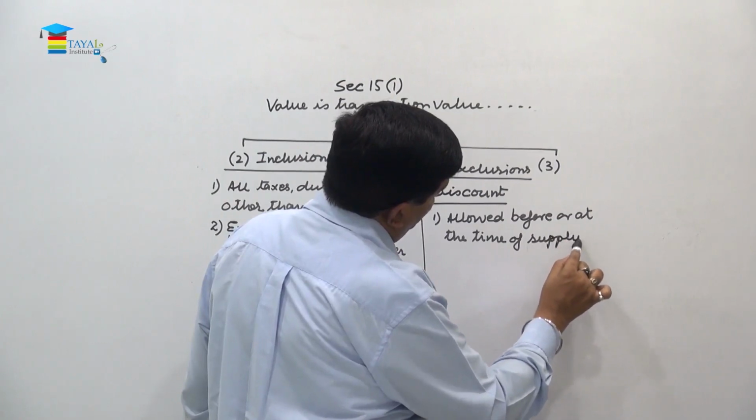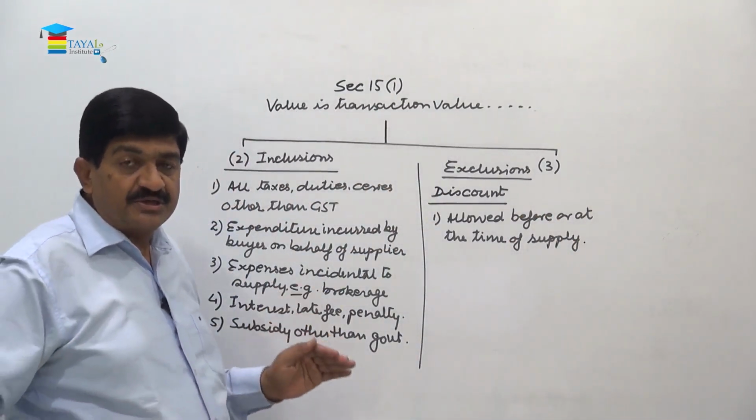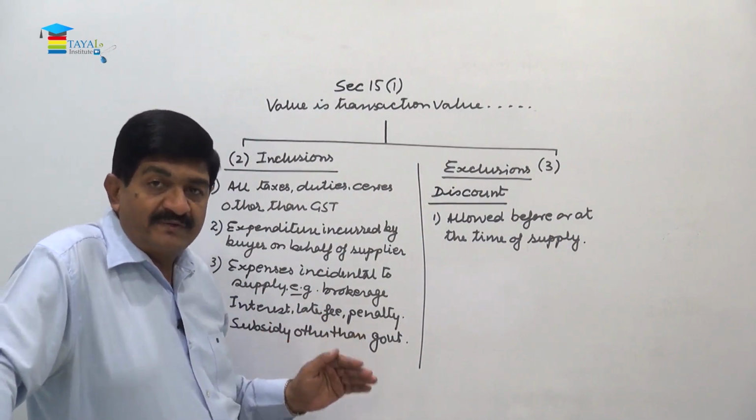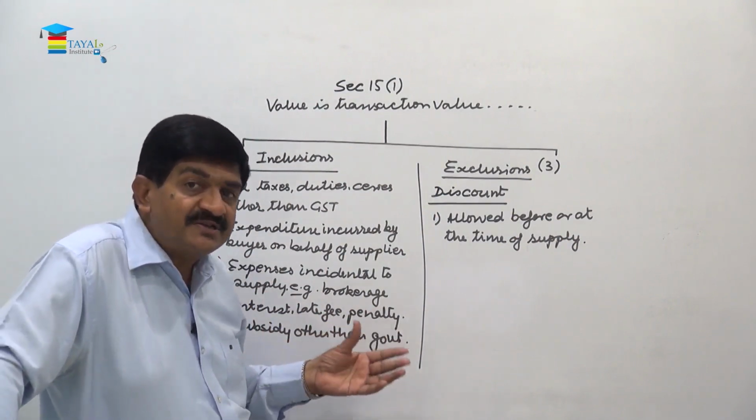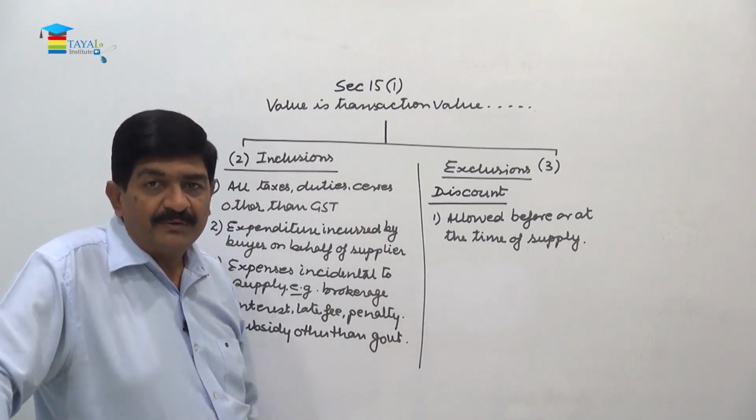Either before or at the time of supply. So this may be a cash discount, this may be a quality discount, this may be a quantity discount, but already known at the time of removal.